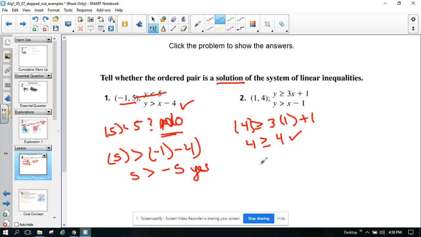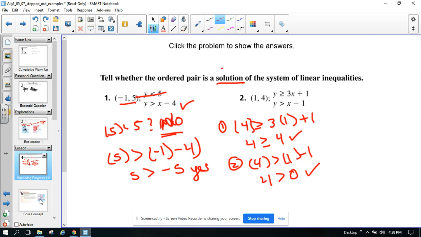Yes, it is. So that's the first equation. My second equation, I'm going to substitute 4 in for y again. I'm going to get greater than or equal to 1 minus 1. Is 4 greater than 0? Yes, so that one would work. If you went to your Desmos and graphed that, you would see that where they overlap, this point 1, 4 does in fact match in.